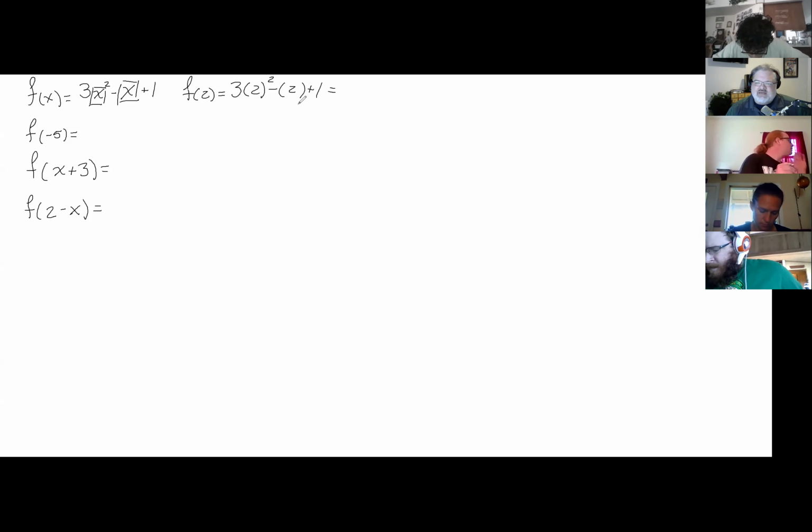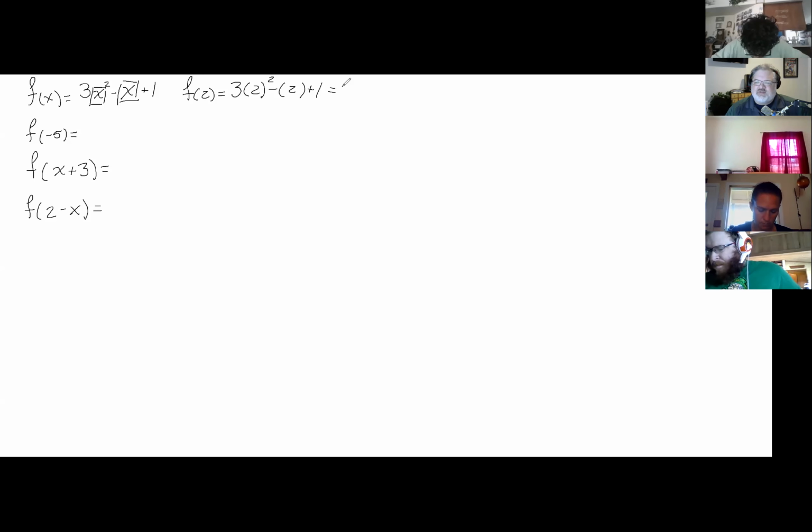So I really like the habit of putting these parentheses around anything I substitute in. Even if they don't end up doing much, they remind me to do things like distribute when I have to, or be careful with the order, make sure this doesn't become a 6 before this becomes a 4. So being in that habit of putting those parentheses there can be really helpful.